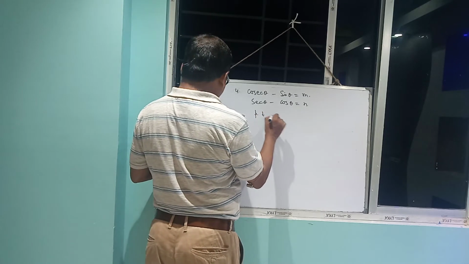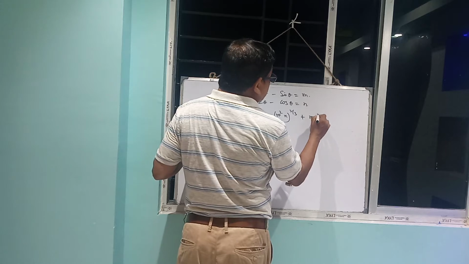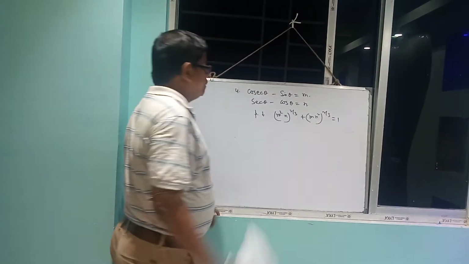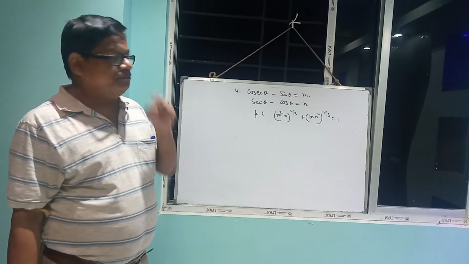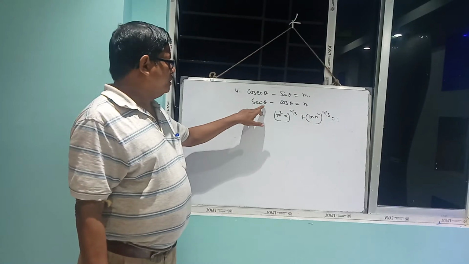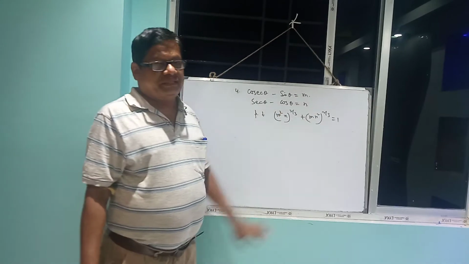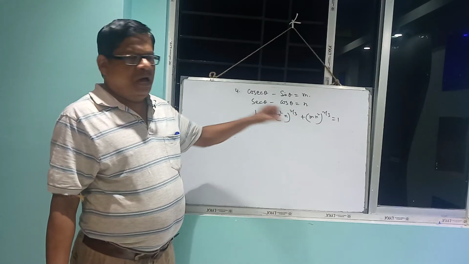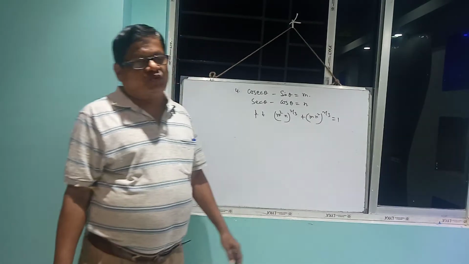Prove that (m square n) whole power 2/3 plus (m n square) whole power 2/3 equal to 1.